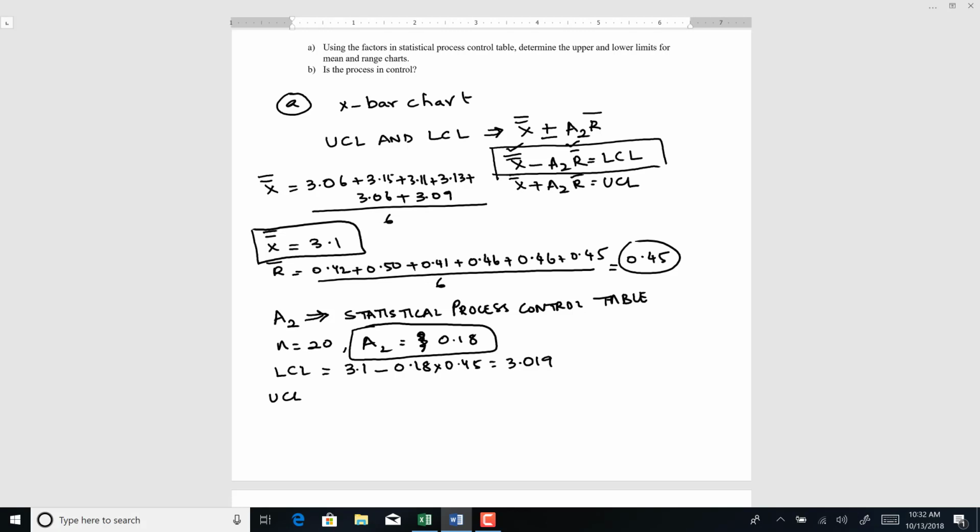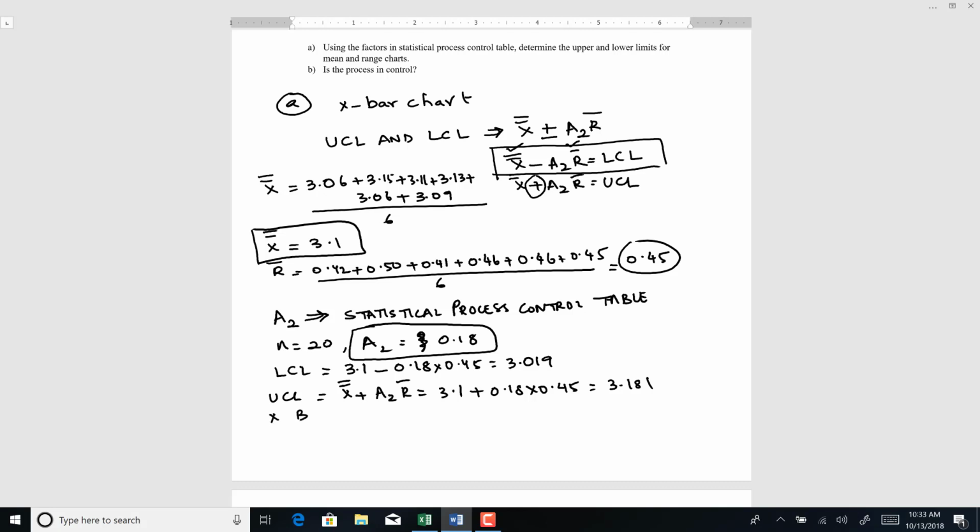For the upper control limit I will do plus instead of minus: X double bar plus A2 R bar, so 3.1 plus 0.18 multiplied by 0.45. This gives us 3.181.